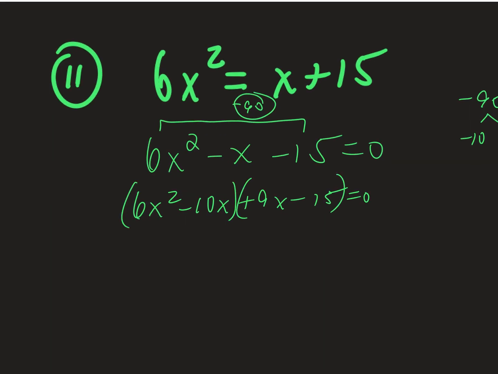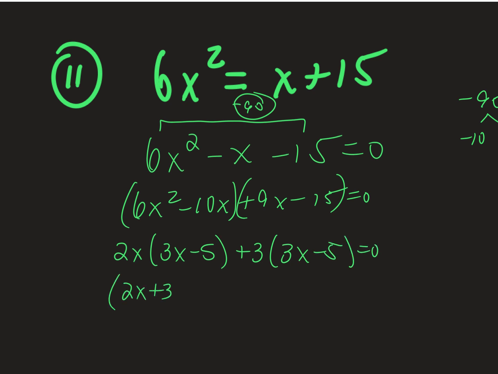What can I take out of 6x squared and a 10x? Well, I can take out a 2x, and I'm left with 3x minus 5. What can I take out of 9 and 15? I can take out a positive 3, and I'm left with 3x minus 5. So we have 2x plus 3 and 3x minus 5 equals 0.